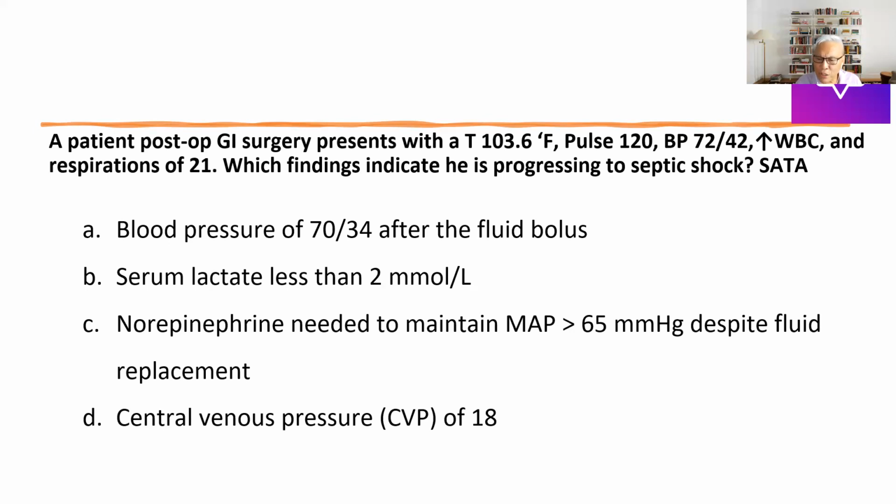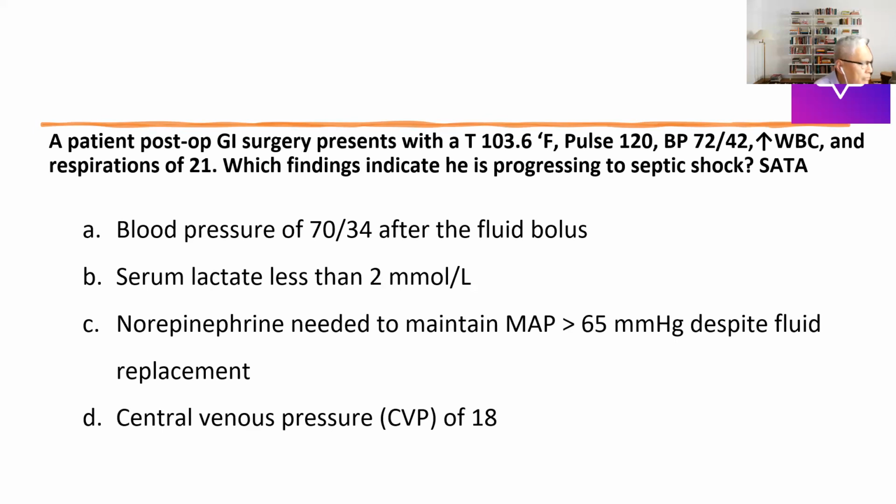So to know if the patient is progressing to septic shock, you need to think about the hallmark findings associated with shock. Septic shock is characterized by persistent hypotension that doesn't respond to IV fluids or vasopressors. And when I say vasopressors, we're talking about drugs that increase the blood pressure.